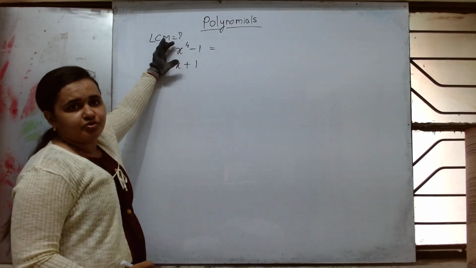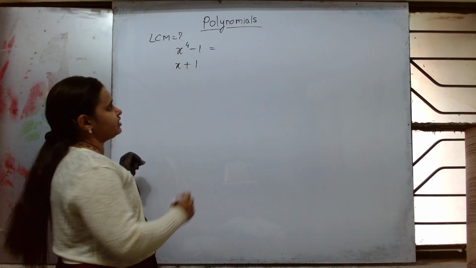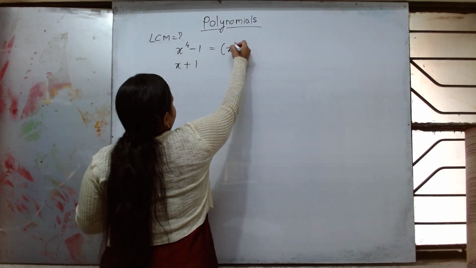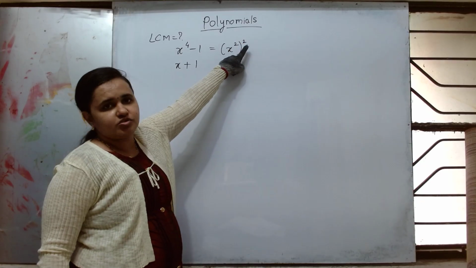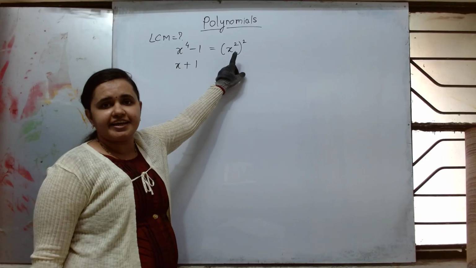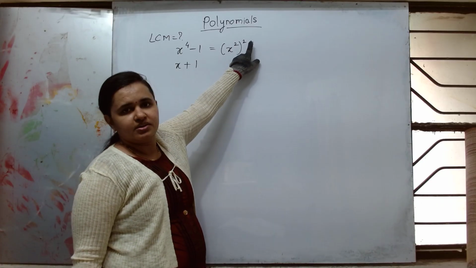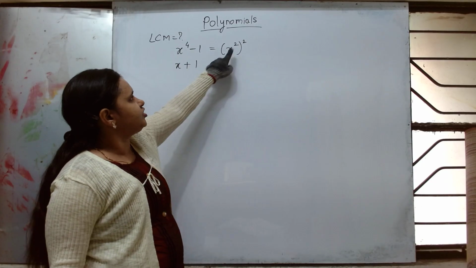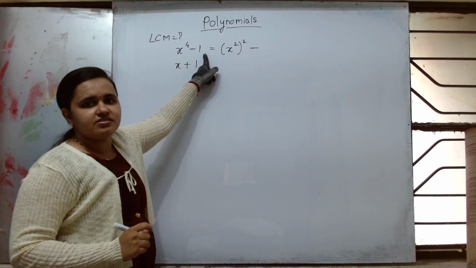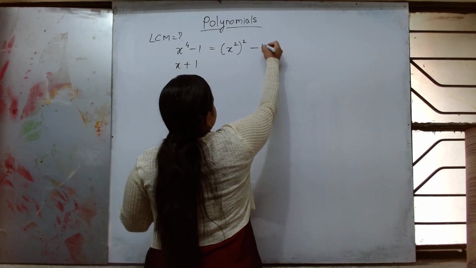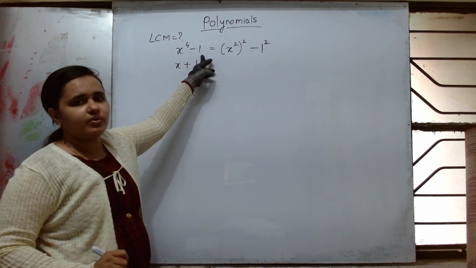We can write x to the power 4 as x square whole square. It will be 2 into 2, it will be 4, x to the power 4. You have studied this in exponents. Okay. Minus 1. We can write 1 as 1 square. Okay. 1 square will be 1.